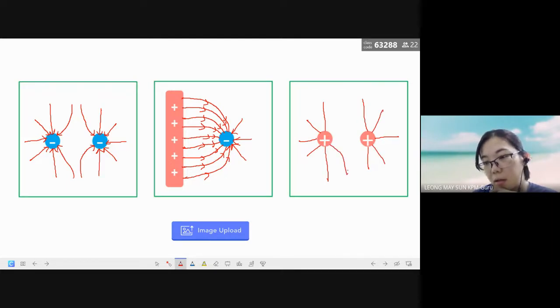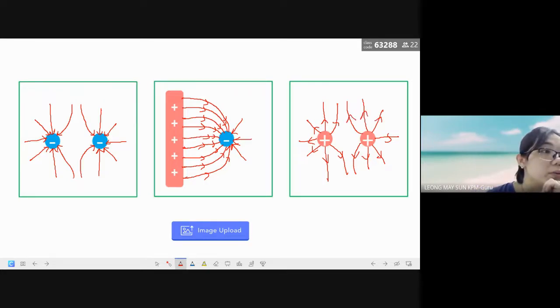It's just that the arrow is going out. Okay, then you just draw the arrow outwards. Okay, so this is how I'm supposed to draw it.